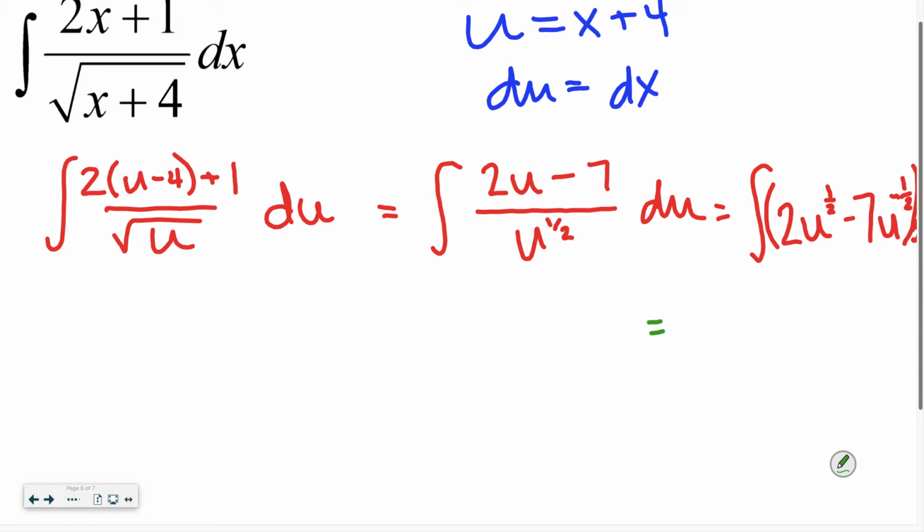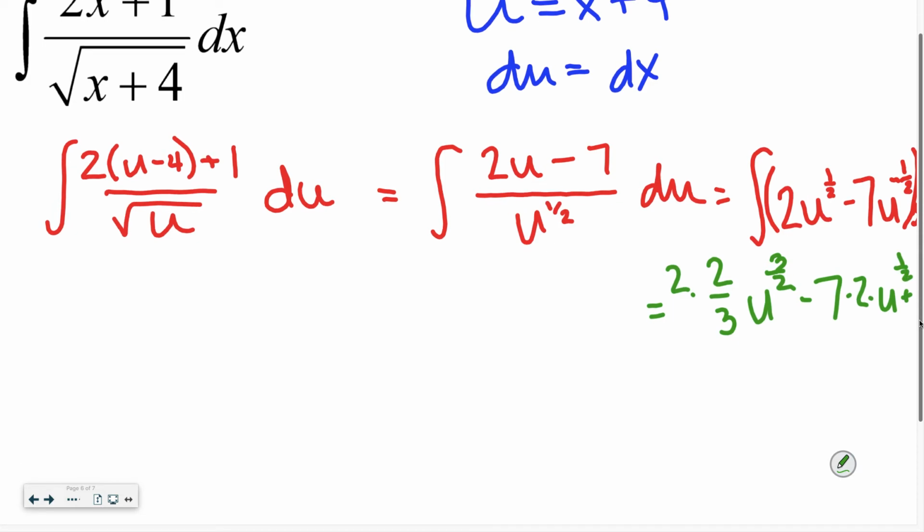This becomes u to the 3/2 times 2/3 times 2 minus 7, this becomes u to the 1/2 times 2, plus c.